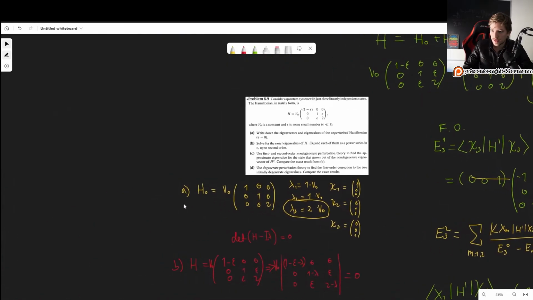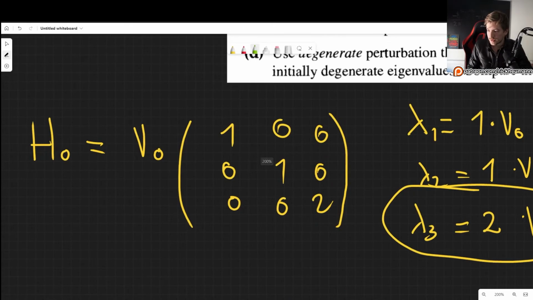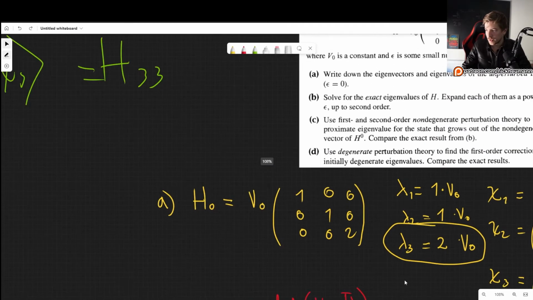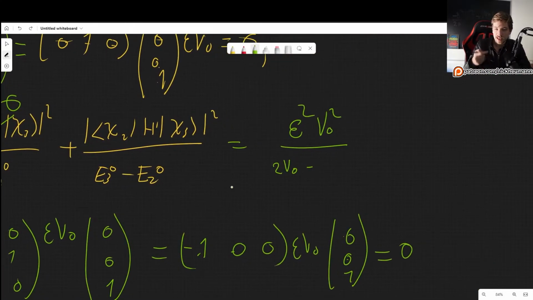Just as a quick reminder, in the non-degenerate case, we find the energy as the expectation value of the Hamiltonian in that particular state. So basically chi3 H chi3, which gives us H33, which is this thing right there, 2 times V0. Okay, so that's where it comes from. That is of course because the matrix is diagonalized. That is very, very nice, and that's why we found it so easily.